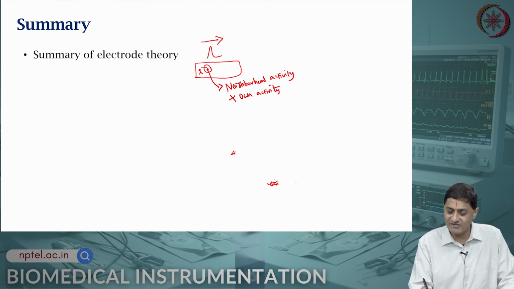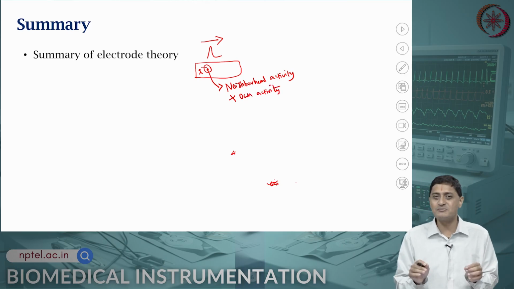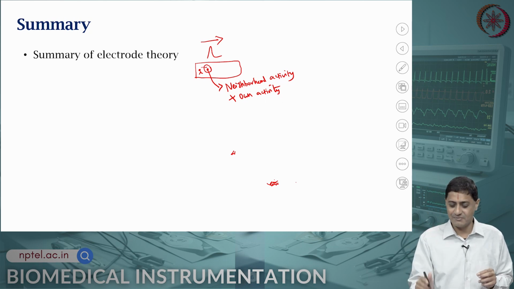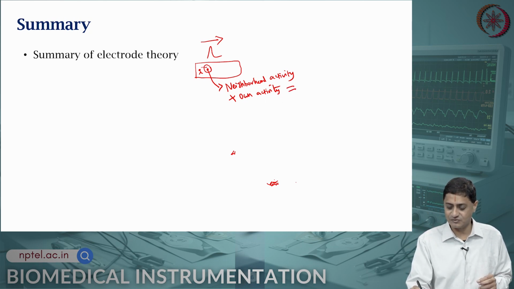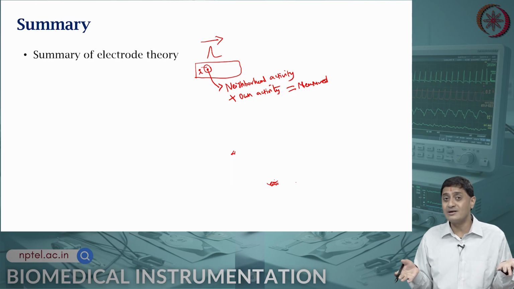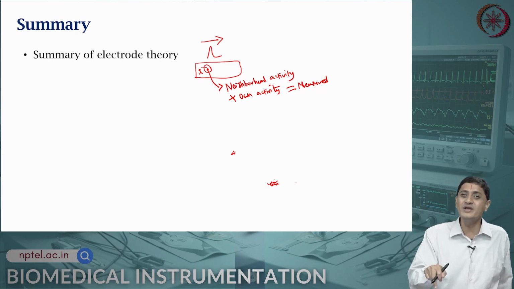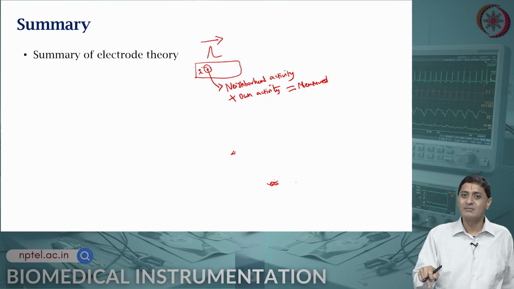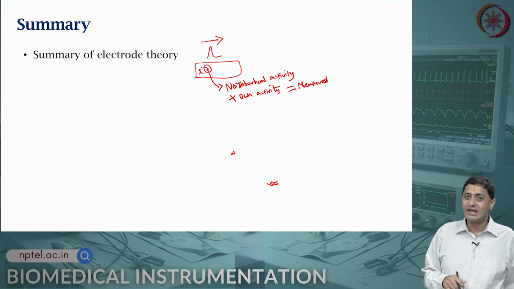But then I do not have an idea of what I am measuring, I am just measuring this sum, this is the measured activity. Measured activity is the neighborhood activity plus the own activity. I do not know what the own activity is. I am interested in knowing the own activity, but I have no way of knowing it.